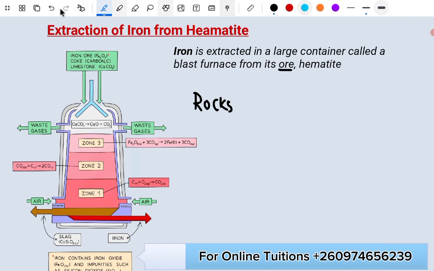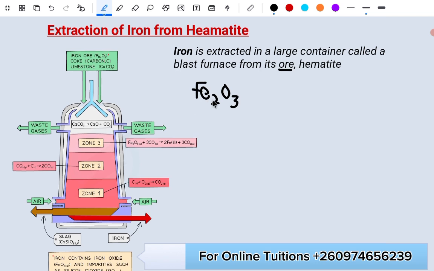Now hematite has the formula iron 3 oxide. So this is the formula for hematite, iron 3 oxide.